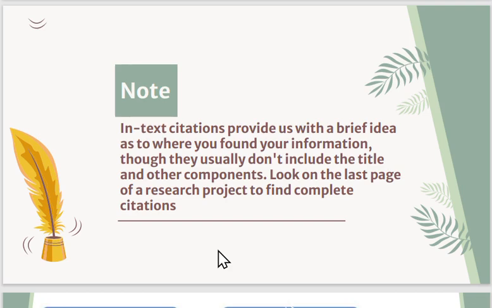So keep in mind that in in-text citation we mention only some information about the author, while on the references page we mention the resources in detail.